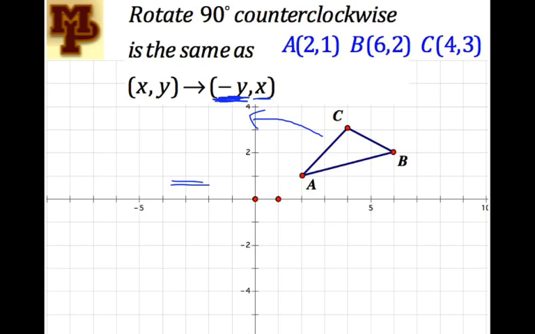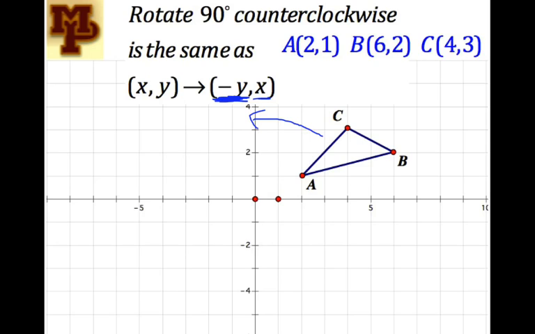If it was positive, it wouldn't even be over there. The clockwise one, the x-coordinate was positive, so that's how you would get over in this particular quadrant. You'd have to have a positive x and then your negative y. So you can straight memorize it, or you can kind of figure it out each time. But you just know they switch, and then one of them's negative, and so you can figure it out.